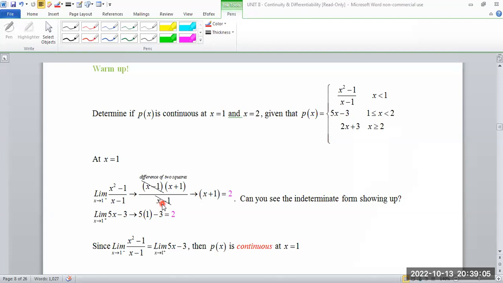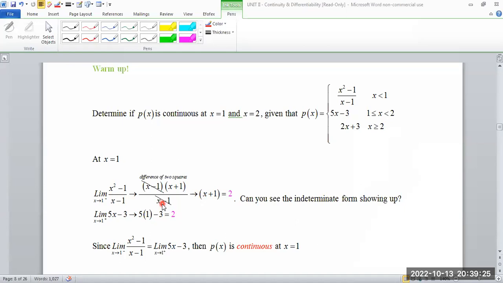Anywhere in the function I see x, I'm putting 1. Why 1, sir? Because the limit is tending to 1. Why not negative 1? Because it is tending to positive 1. And 1 plus 1 is equal to 2.